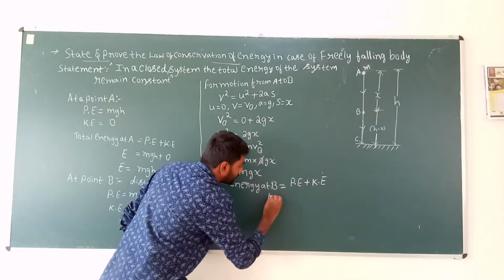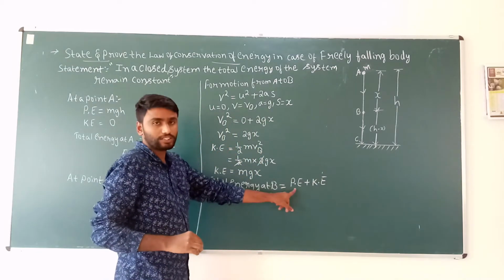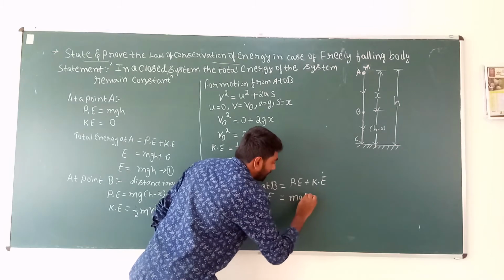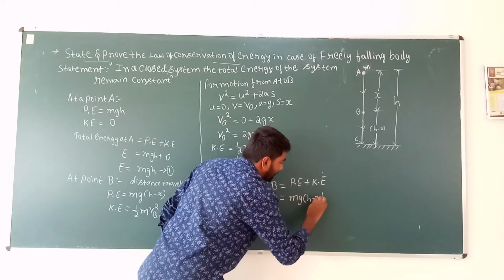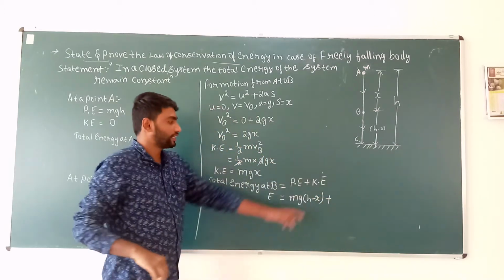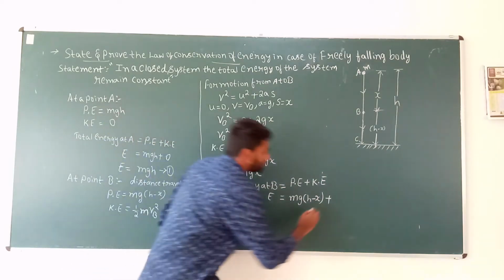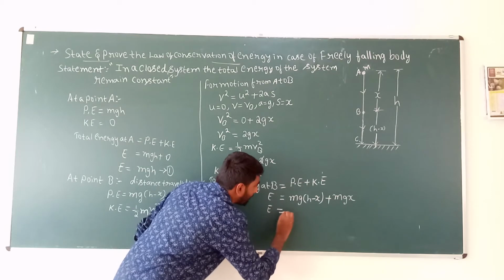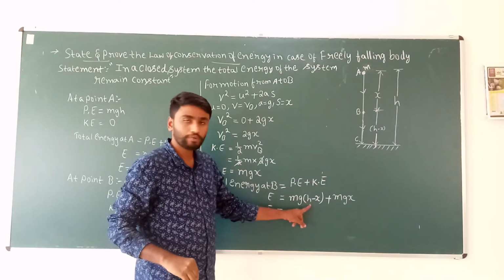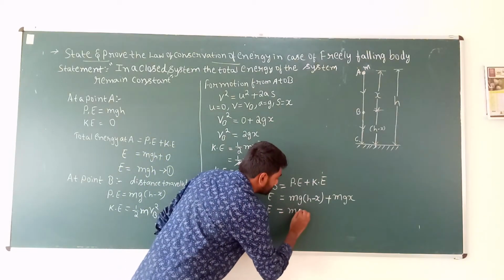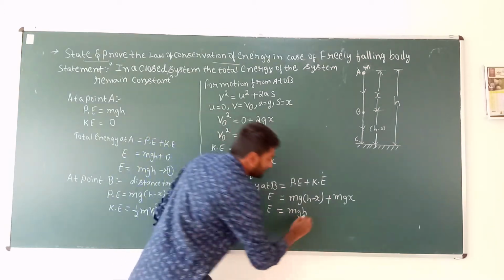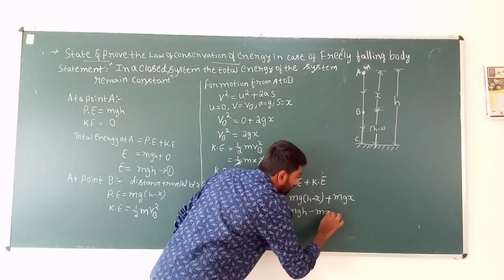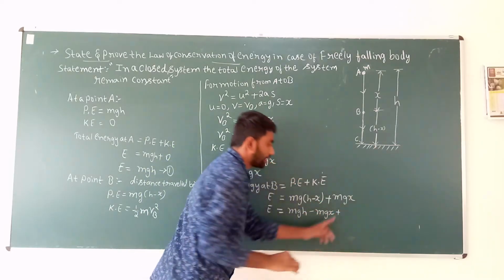So the total energy E equals mg(h minus x) plus mgx.